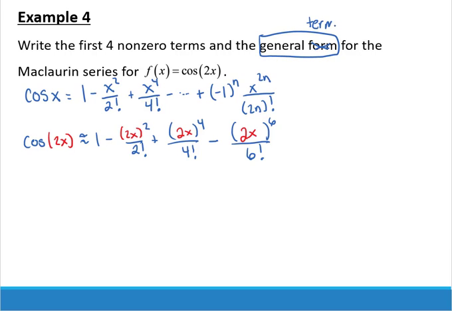Wherever I see an x, I put in, I'm sorry, not an x squared, a 2x. So that would be your general term, okay? And I want to use approximation symbols here because it's not exact, okay? Okay, so that is your introduction to Taylor polynomials and Maclaurin polynomials.